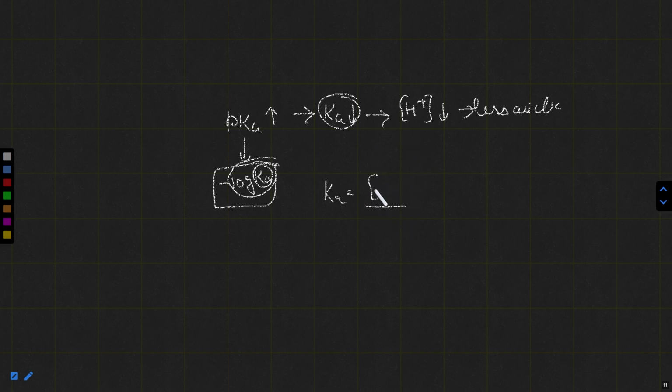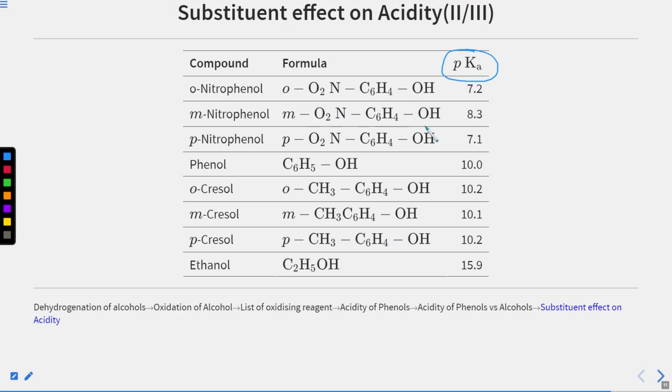So if K is decreasing, your H plus will also decrease because K is directly proportional to H plus concentration. Therefore, the release of H plus is decreasing, so it will become less acidic, because that is the definition of acidity by Arrhenius, that if a substance is able to donate its H plus, then it is acidic. So if it is donating less H plus, then it is less acidic. Clear? So if something has a greater pK, that means it is less acidic.